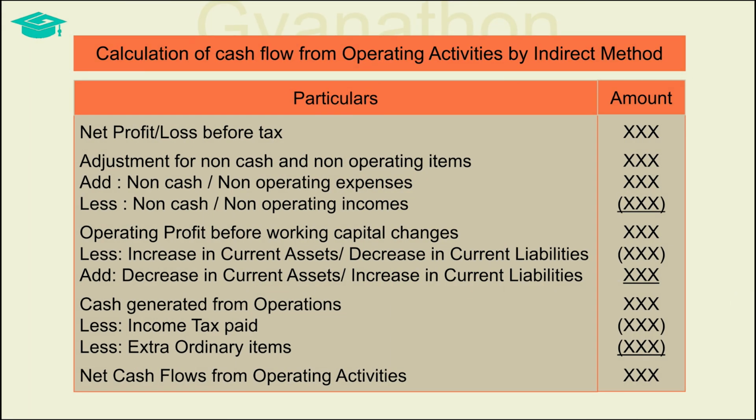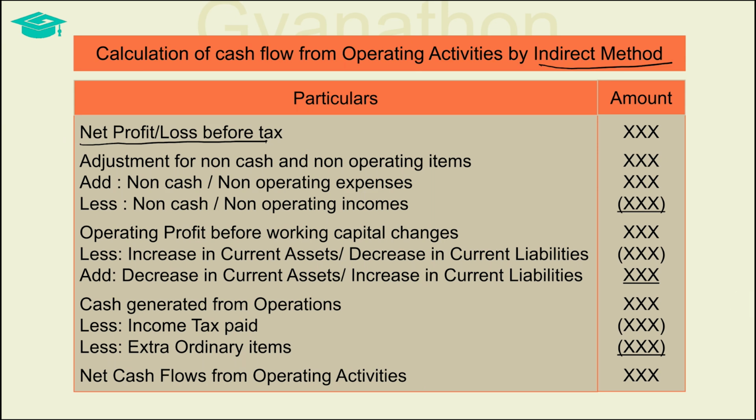Here we can see an example pro forma of calculation of cash flow from operating activity under the indirect method. As we have discussed, in the indirect method, the calculation starts by taking the net profit or loss as per the profit and loss statement.